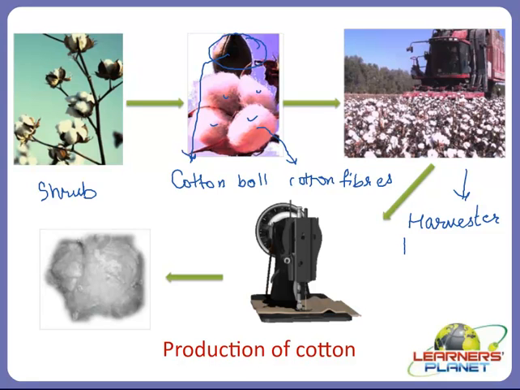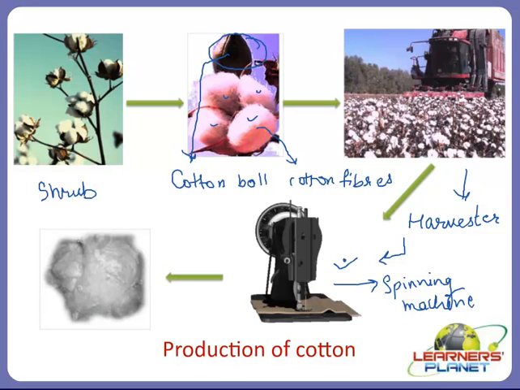After this, which process is needed? Yes, you can see here, the fibers are spun using this spinning machine. So what is this? It is a spinning machine. So what will the spinning machine do? The fibers are spun using spinning machines to form a cotton yarn. So what will it form?